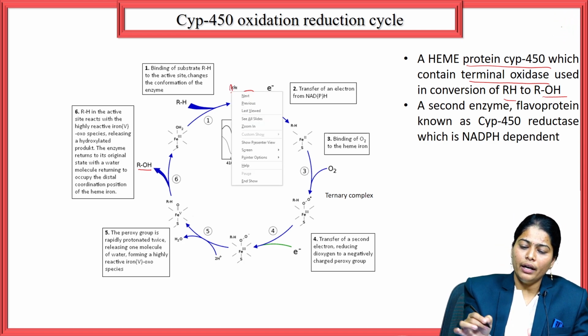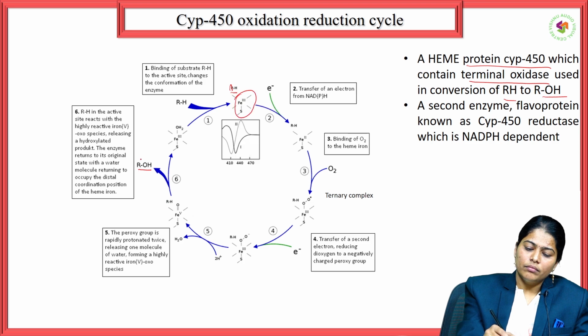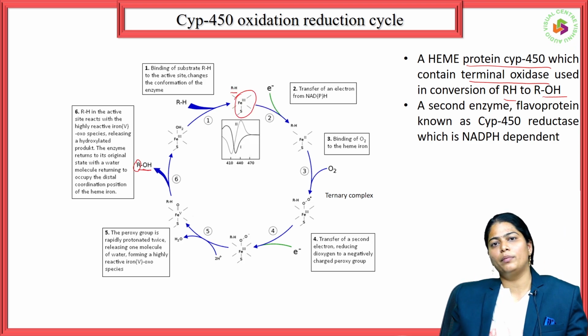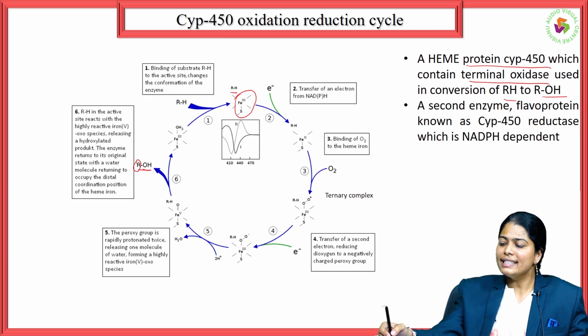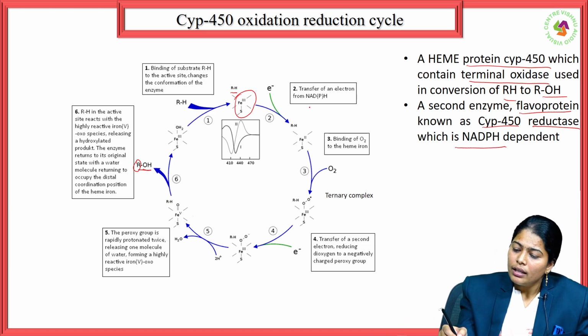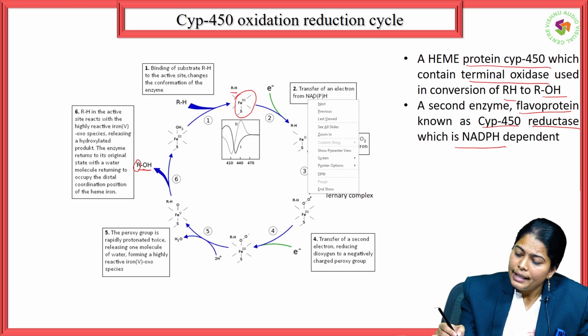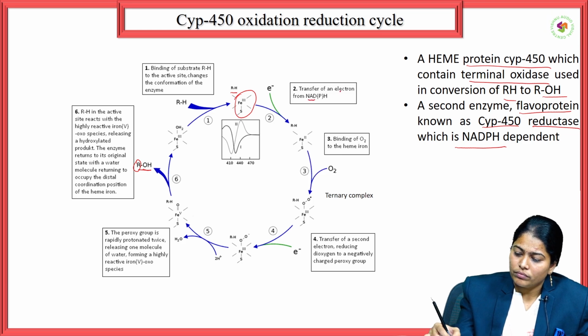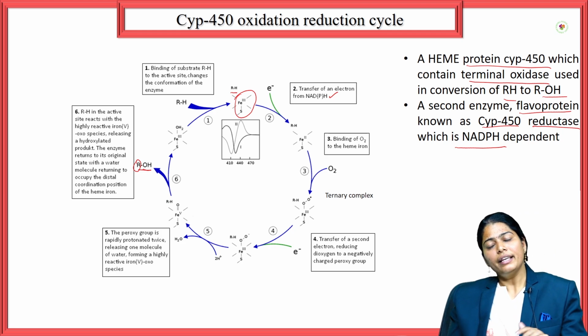Here R is the compound and OH is the functional group which is water soluble in nature. The second enzyme is a flavoprotein known as cytochrome P450 reductase, which is NADPH dependent. See here in step 2, the NADPH is used for the transfer of electrons in the reaction.